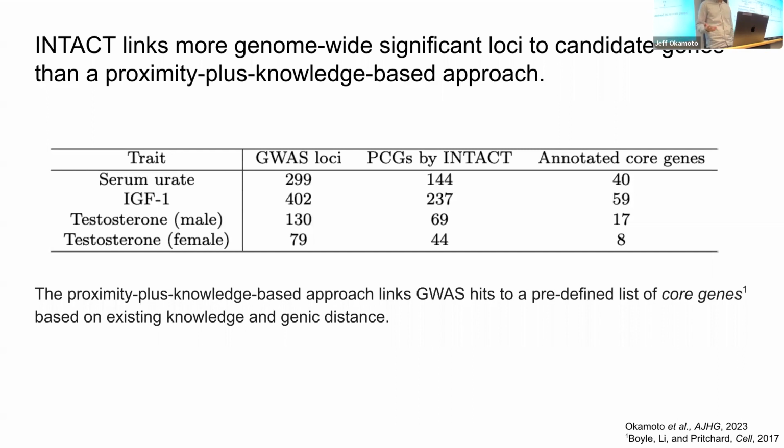This is terminology from the omnigenic model, but you can think of these as genes that are key players in the underlying biology of the trait. So the big takeaway from this table is that since INTACT is not limited by that predefined list of biological knowledge, it implicates a lot more than the proximity plus knowledge-based approach.